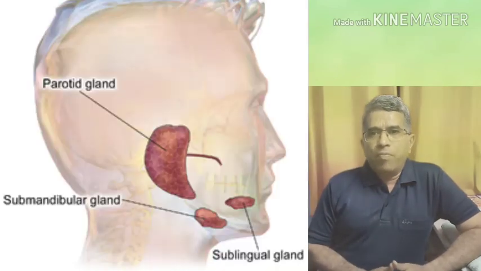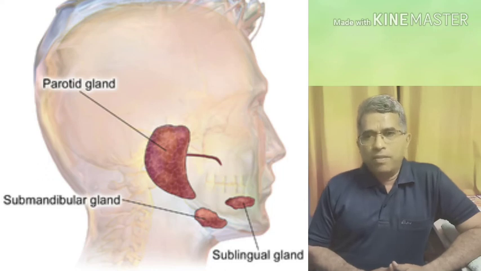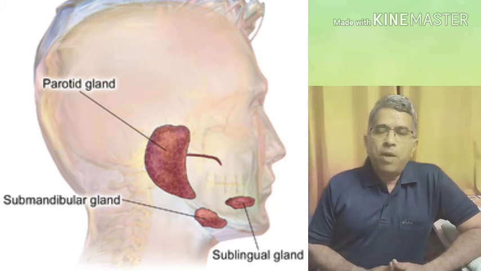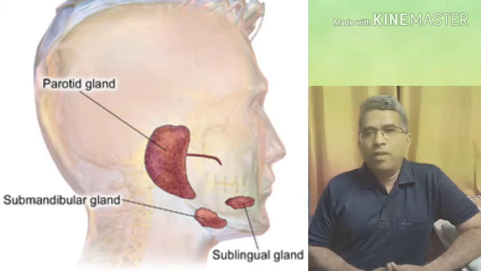Now coming to the salivary glands. There are three pairs of salivary glands present in human beings, whereas in other mammals, there are four pairs. Parotid glands are present below the pinnae. Sublingual glands are present below the tongue, and the submaxillary salivary glands are present at the corners of the jaws.